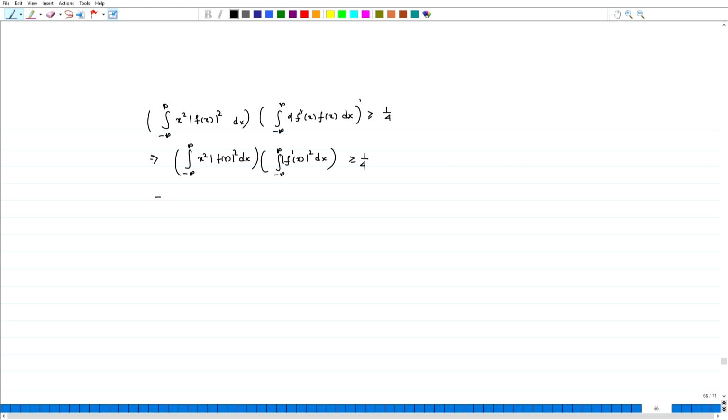And then this will imply that the integral of x square mod f x square dx, and this is nothing but the integral of 4 pi square xi square, if I take it out, then this is by Plancherel's rule, which would be greater than 1 by 4 pi square coming out, that is. So, the Heisenberg uncertainty principle we can get. Thank you.